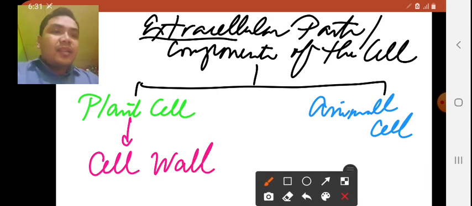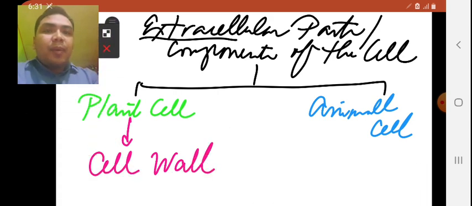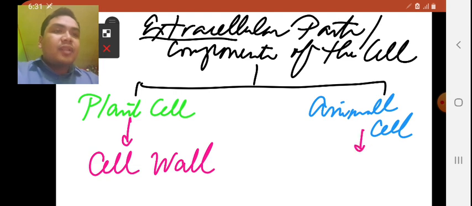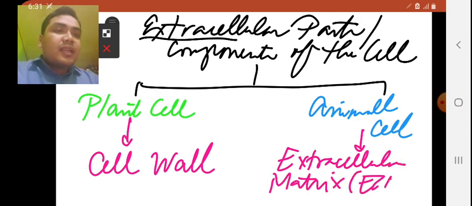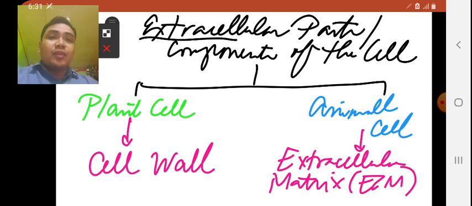On the other hand, the extracellular part of the animal cell will be known as the extracellular matrix, also known as the ECM. So these are the two categories of the extracellular parts of a typical cell. We have plant cell and animal cell.